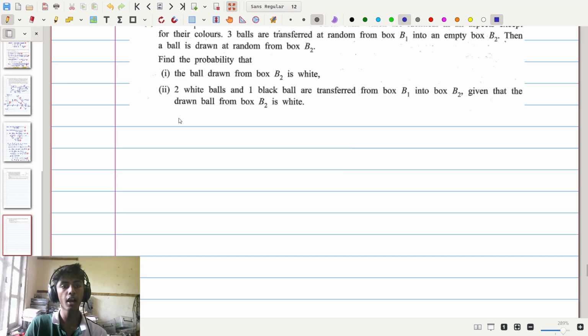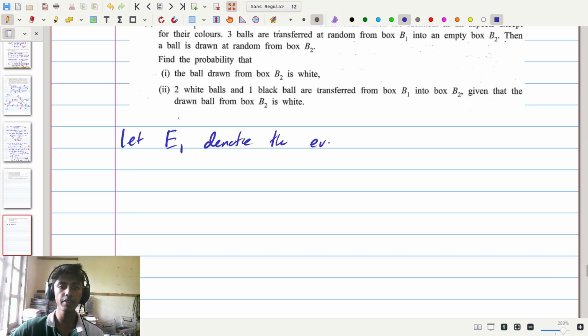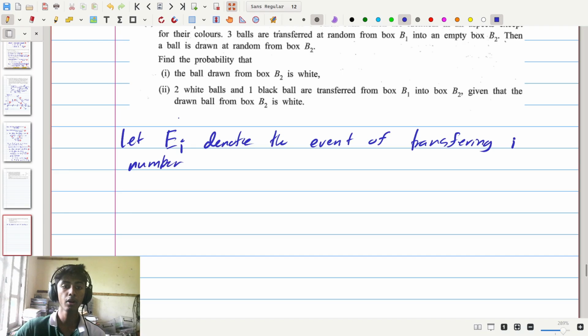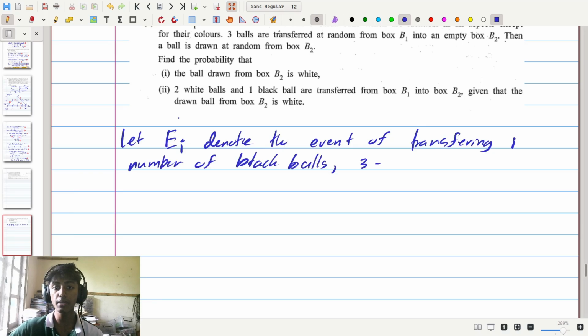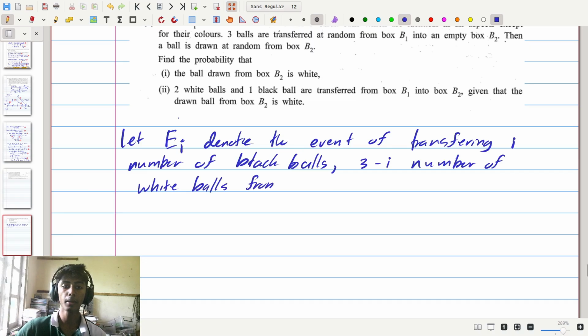Now to denote these events, let event E sub I denote the event of transferring I number of black balls, and thus if we transfer I number of black balls, we must transfer 3 minus I number of white balls from box B1 to box B2.